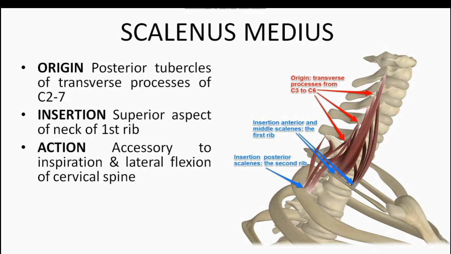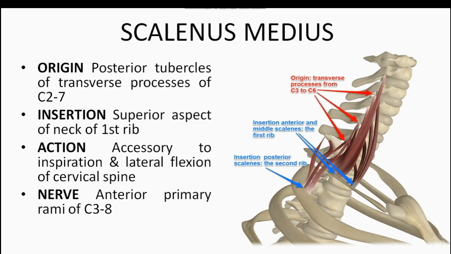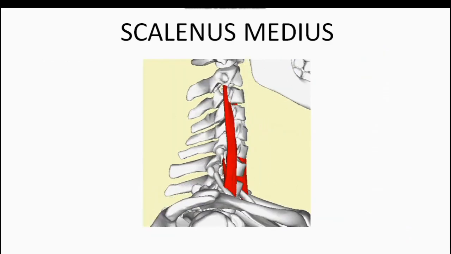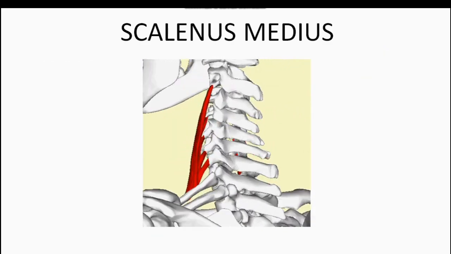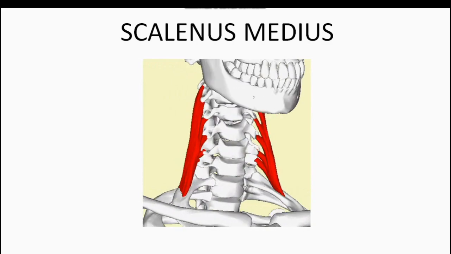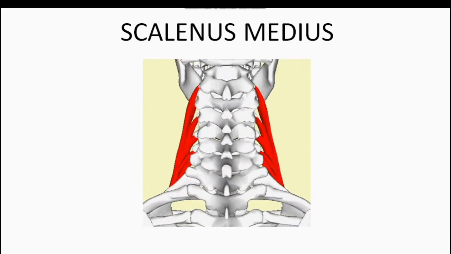Clear? So that's why one action is lateral flexion of cervical spine. Now this is innervated by anterior primary rami of C3, C4, C5, C6, C7 and C8.